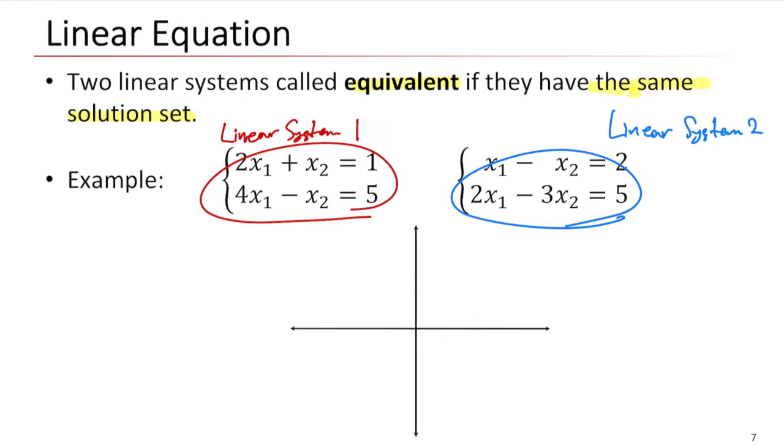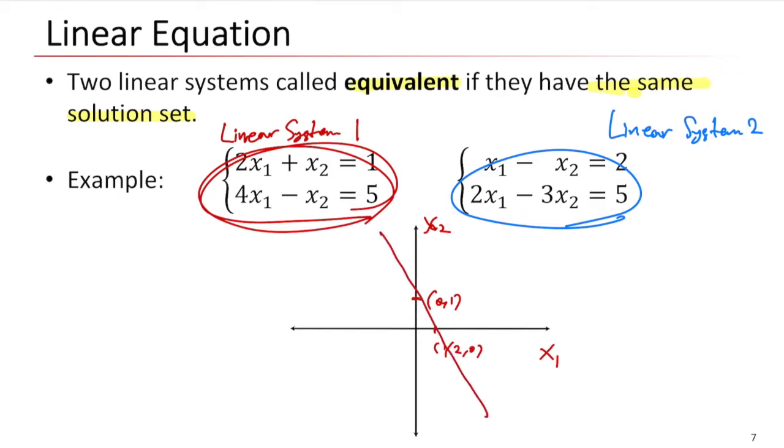So we can draw this linear system as we discussed previously. When x1 is equal to 0, x2 should be 1, something like this. And when x2 is equal to 0, x1 should be 1 over 2. So 1 over 2, 0, something like that. So this is the first line.